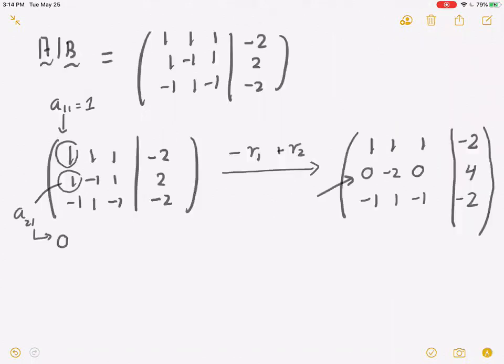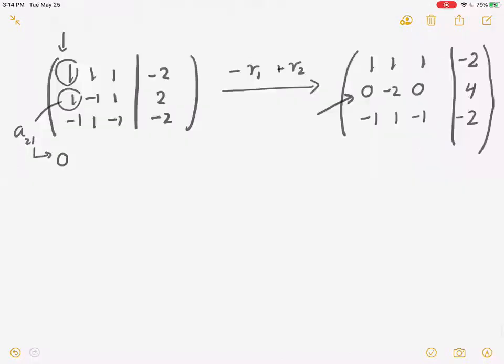And I'm on the path to writing this augmented matrix in reduced row echelon form. So what's next? Well, I want to turn this guy into 0, because after all, I now have a column, C1. It has a leading 1 here, so I want to turn A21 and A31 into zeros. That's on the road to a reduced row echelon form, no pun intended.